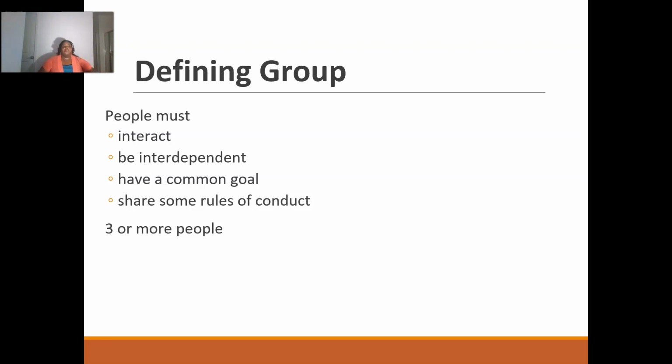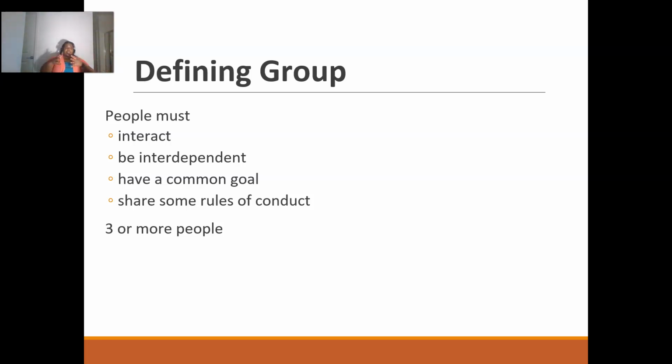So in a group, the people must interact, be interdependent, meaning we're dependent on each other for success, have a common goal, and share some rules of conduct. One of your assignments in your groups that you were assigned is the group contract. I assigned the group contract to serve several purposes.